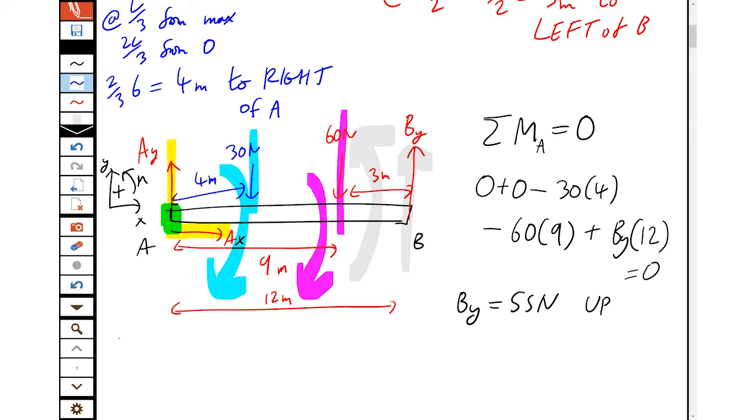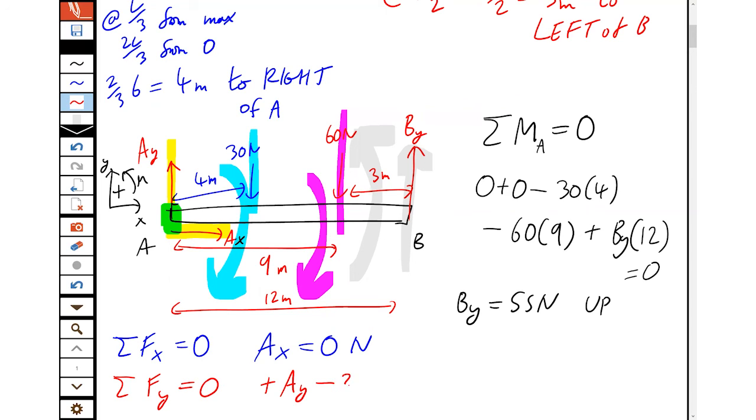Then we move on. The sum of all the horizontal forces is 0. So the horizontal reaction at A is 0 newtons. Never skip that step. Even if something is 0, you got to show it's 0. And then the sum of all the vertical forces is 0. So plus AY up, minus 30 down, minus 60 down, plus BY up is 0.